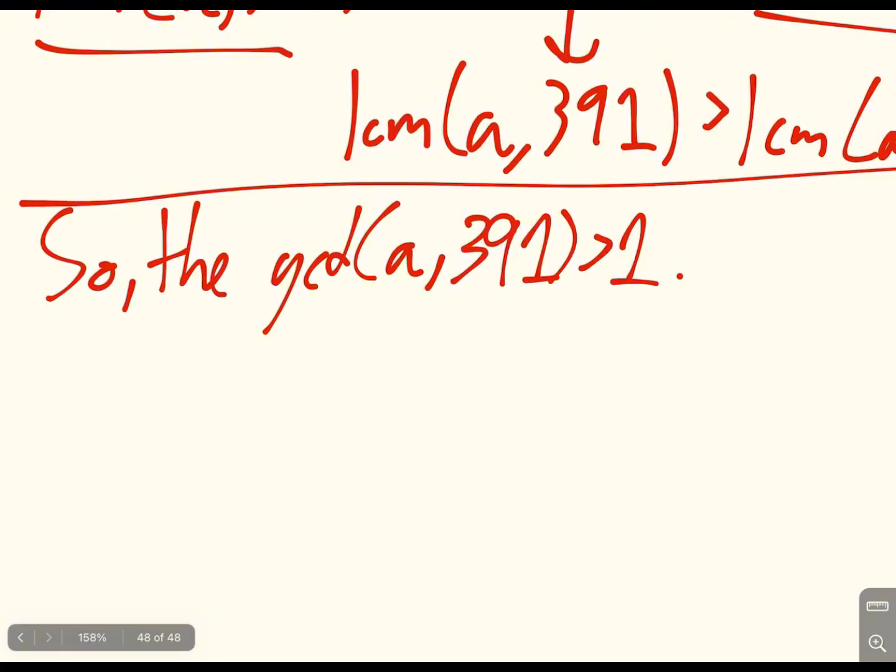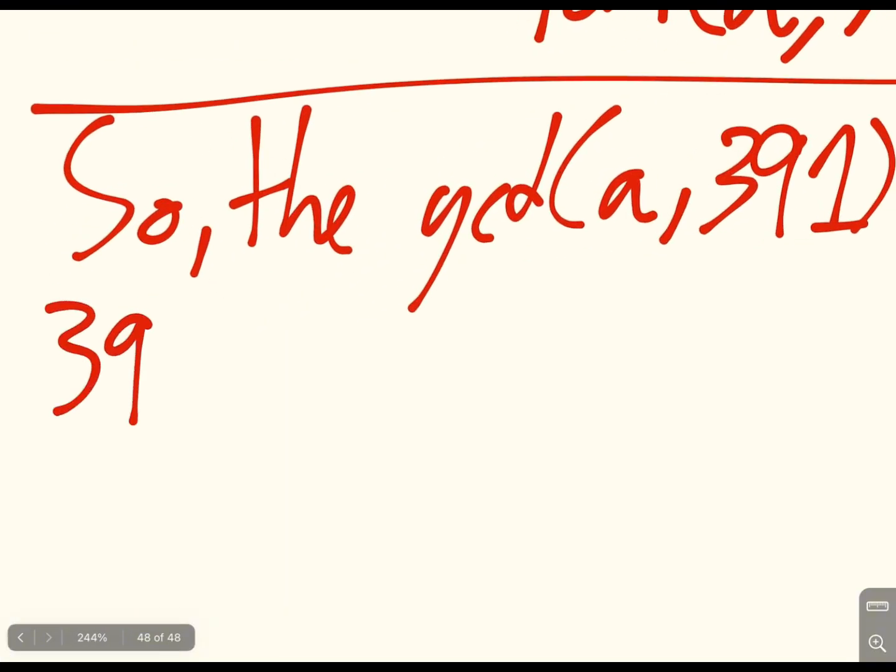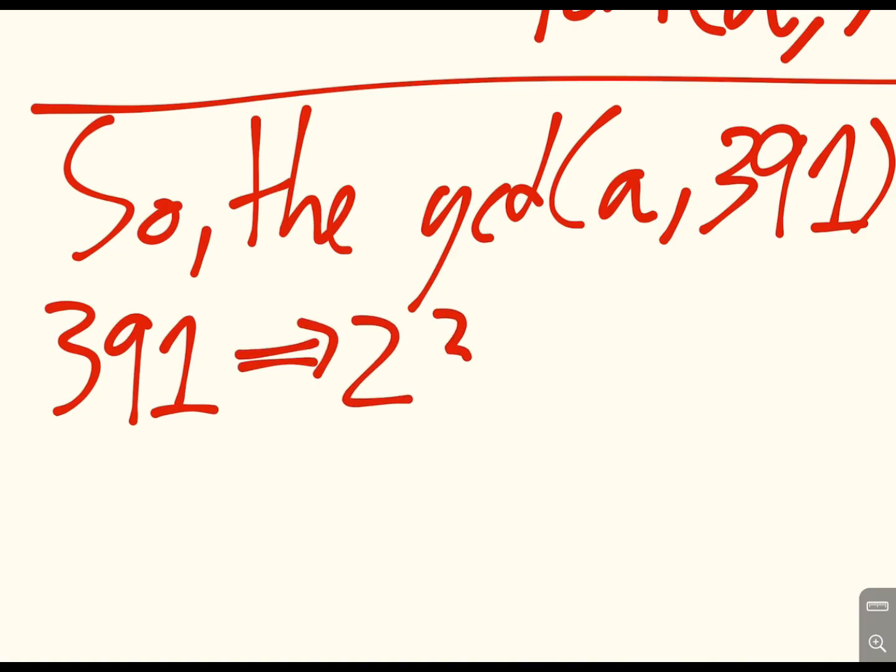And so from here we're going to try and break up the prime factorization of 391, which is just 23 times 17.